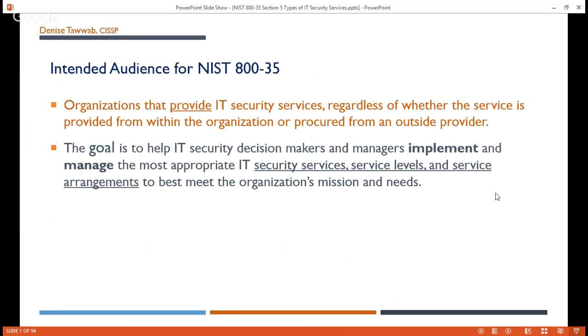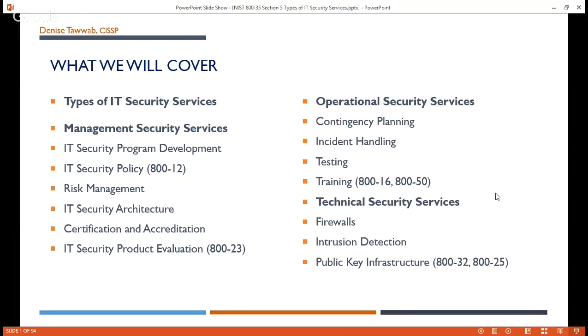So when you're looking at IT security services, I cannot say this enough, you want to be sure that you're implementing services that meet the organization's mission and business needs. So that's all I'll say about that.